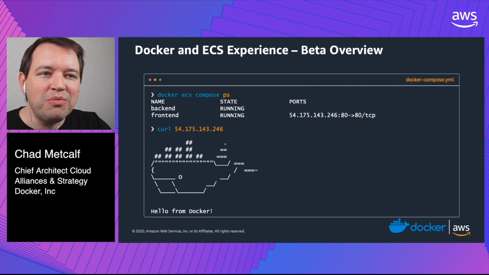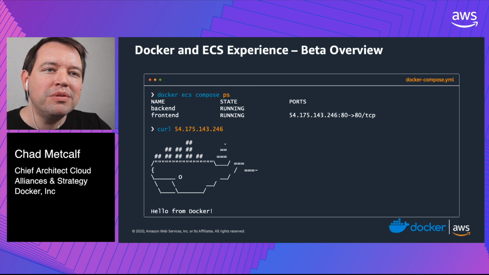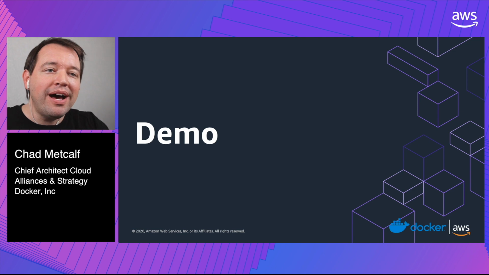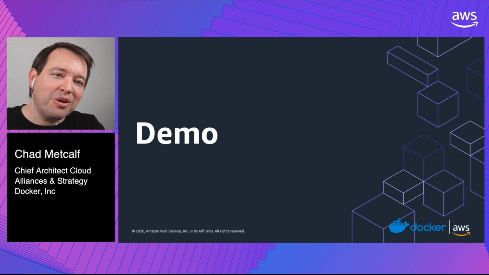And what I'm really excited about is showing you the demo. It's just a handful of minutes, and in that time, we take an application, build it, deploy it locally, tear that down, build up an entire ECS cluster from scratch, deploy that same application to ECS, and then tear it all back down in a handful of minutes, because it is as simple as docker compose up and docker compose down.